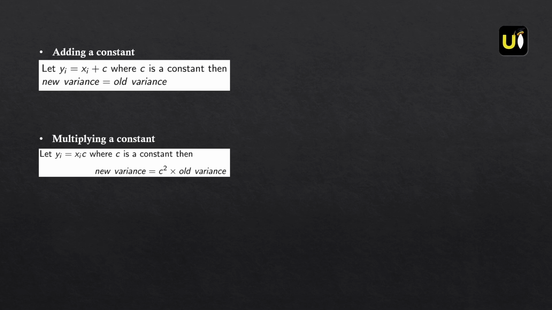So now we have adding a constant. If we add a constant to the variance, the new variance has no change, that is, it will simply be equal to the old variance.